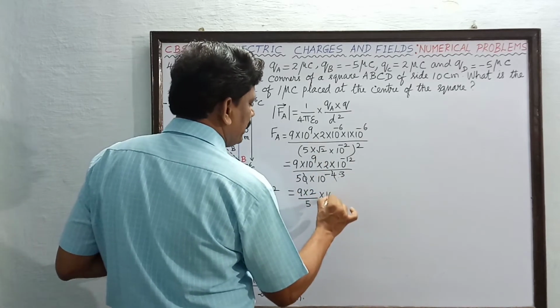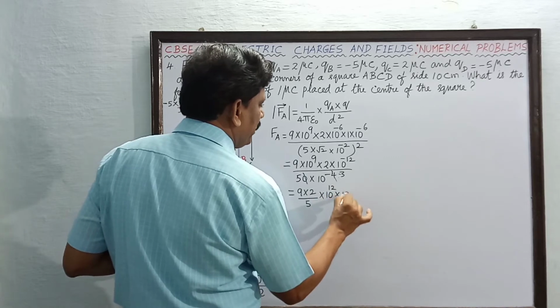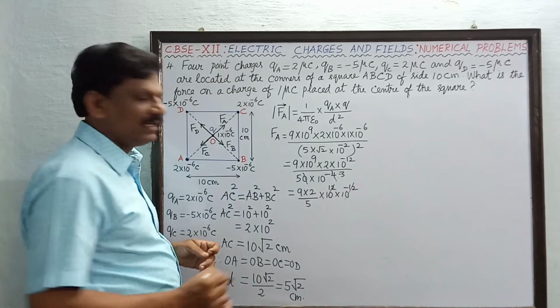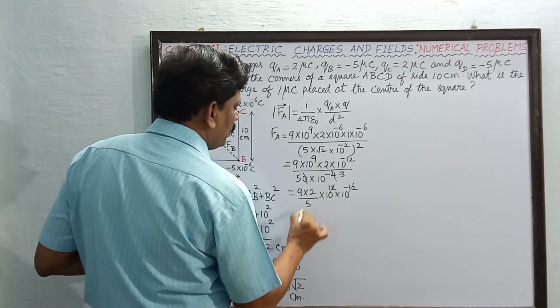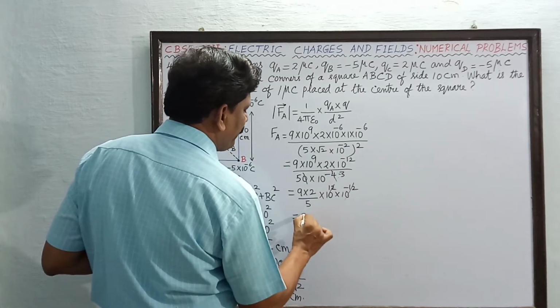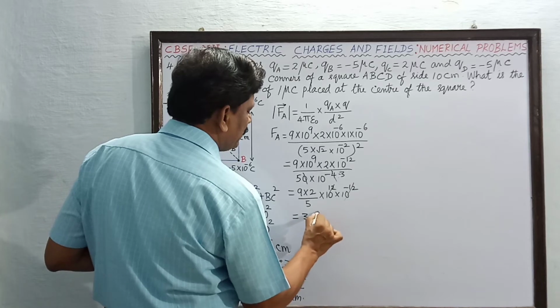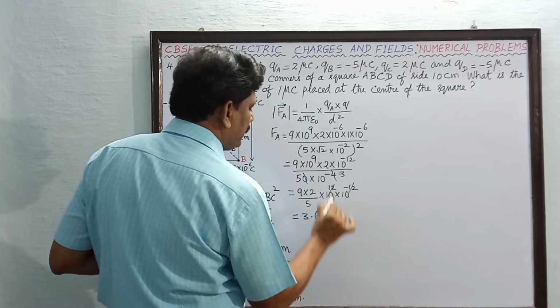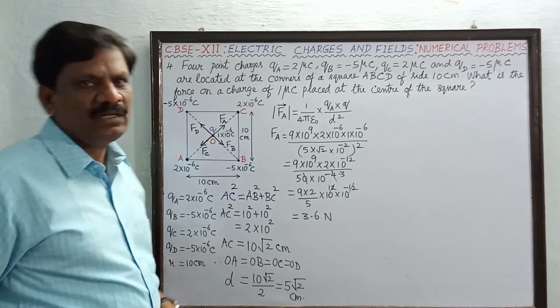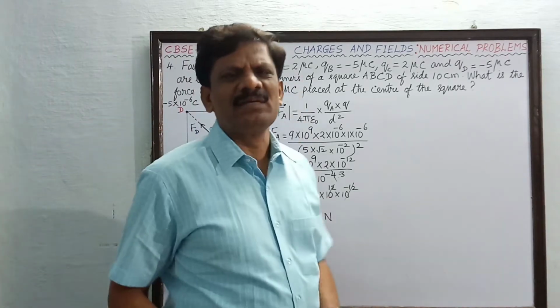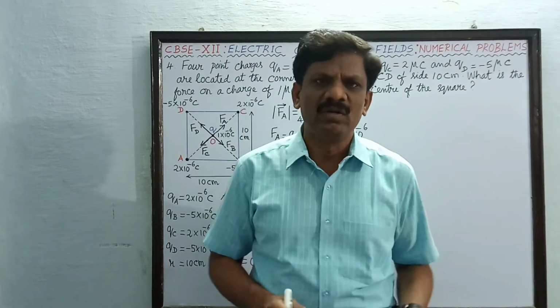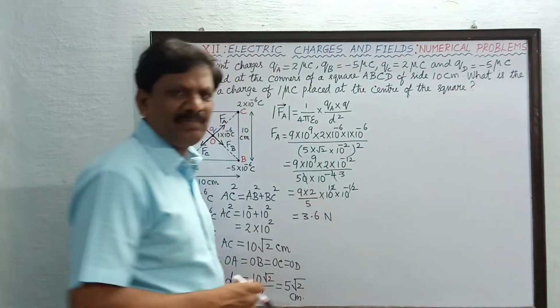So 10 power 12 into 10 power minus 12 get cancelled. Now 9 into 2 is 18, and 18 by 5 is 3.6. I will take the unit as Newton. These mathematical steps you can do as you like. If you have any other shortcuts you can go by that way. This is one of the methods.